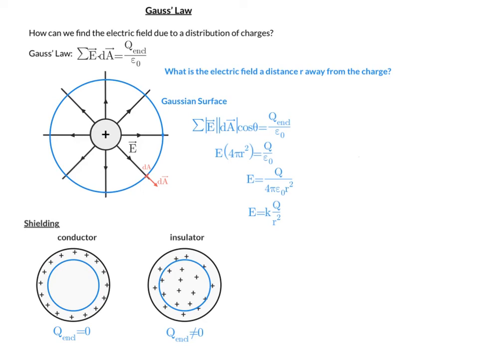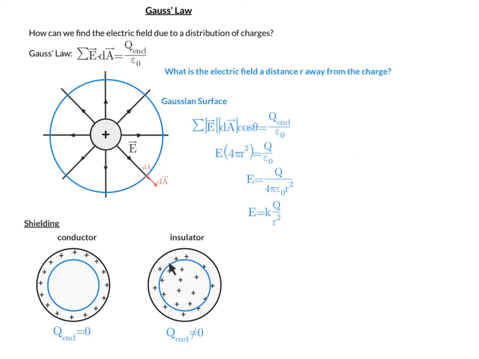Then, if we draw a Gaussian surface inside the conductor and inside the insulator, what we notice is that from Gauss's law, the charge enclosed is 0. So when we look at Gauss's law, we notice that the right side of the equation, the Q enclosed by the Gaussian surface here, we have no charges, so it's 0.